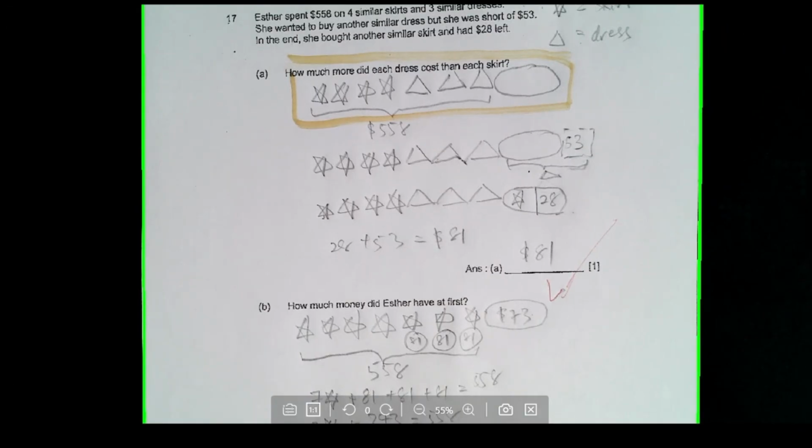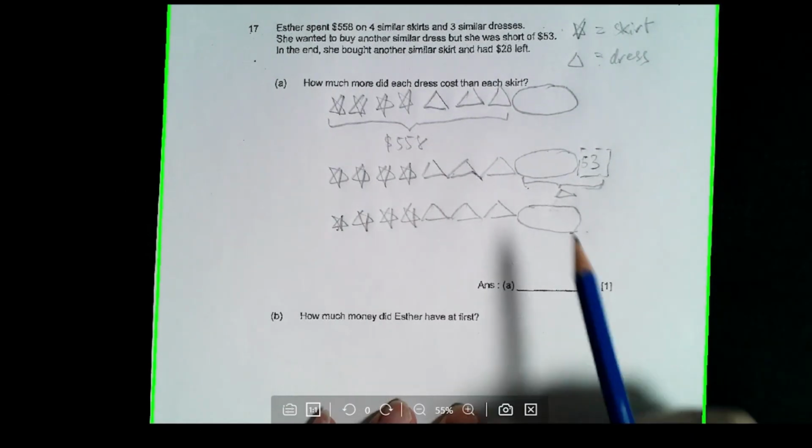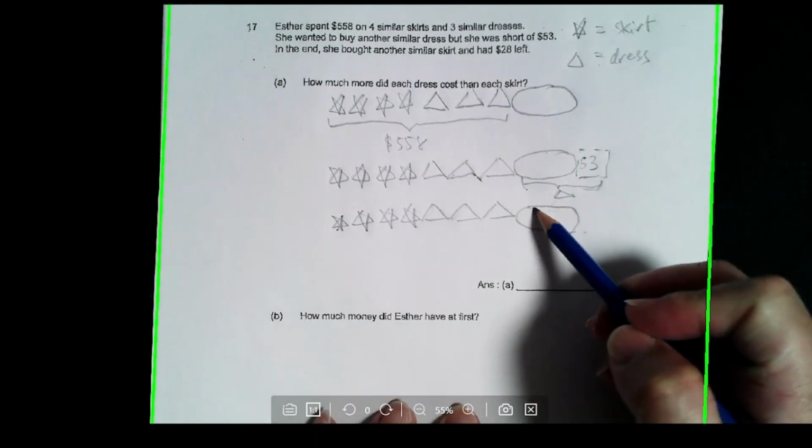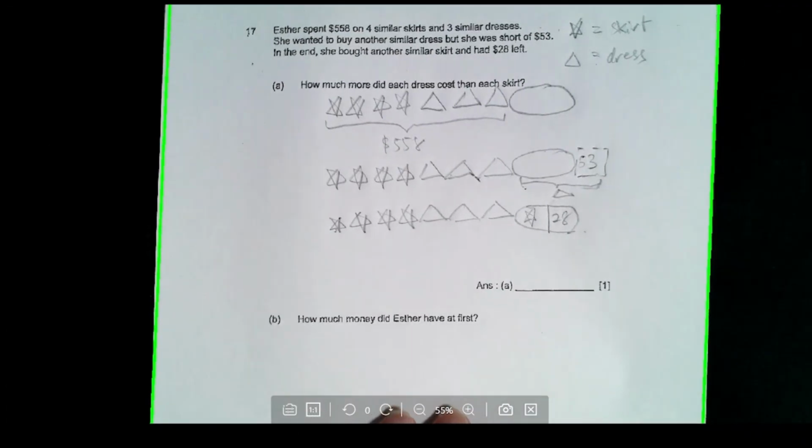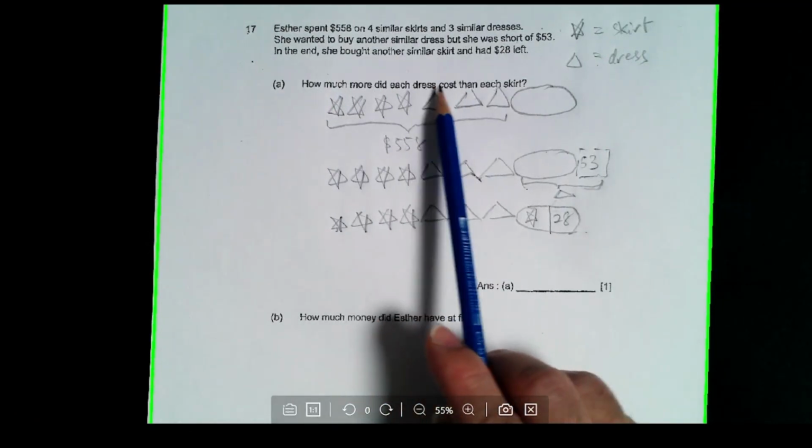Okay? So she's trying to use her remainder. Her remainder can be exchanged for a skirt, and she would still have $28 left. So far? Okay? So, question: how much more does each dress cost than each skirt?